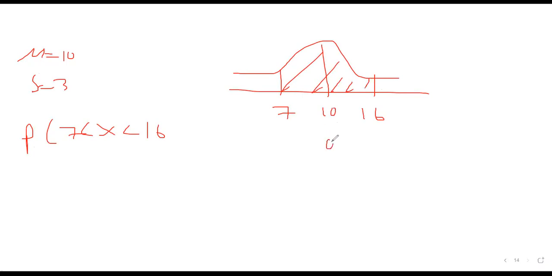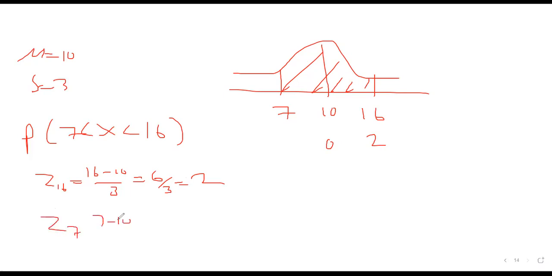The mean is always at 0. So how do we standardize the 16? 16 minus 10 over 3. This is 6 over 3. We get a 2. Then the 7, how do we standardize the 7? 7 minus 10 over 3, which is negative 3 over 3, which is negative 1.